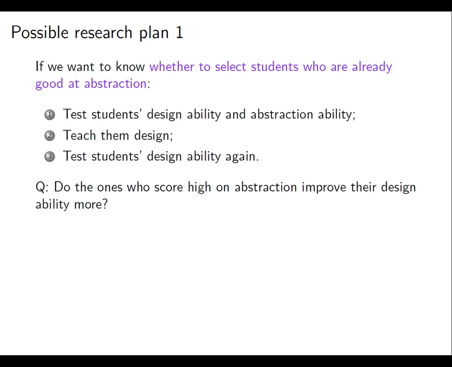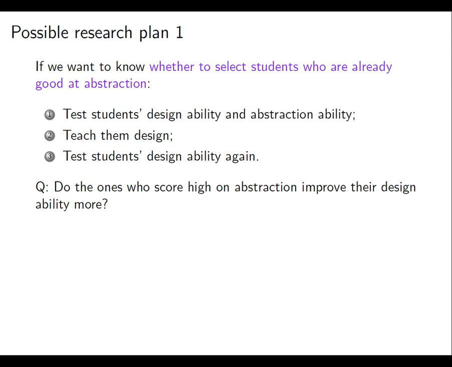So let's think about how you might research this stuff. Here's one possible research plan. If what we're trying to do is to find out whether it's a good idea to select students who are already good at abstraction, then what we might do is start off by taking some students and testing their design ability and testing their abstraction ability. And then we might teach them design, and then we might test the students' design ability again.